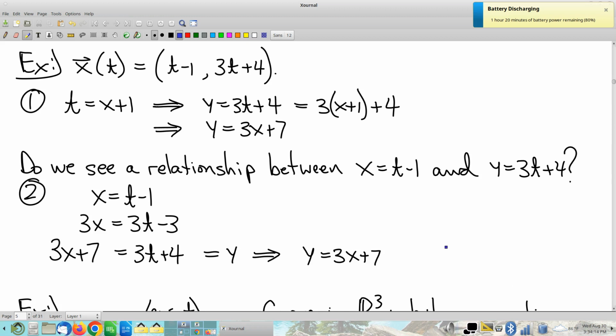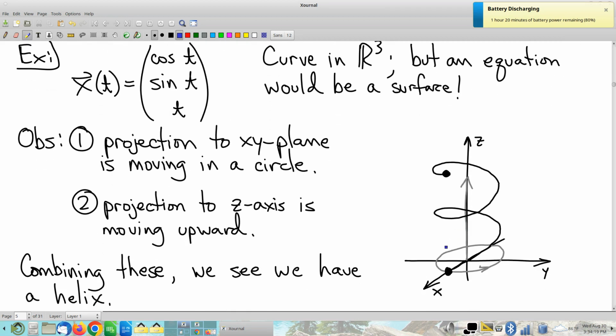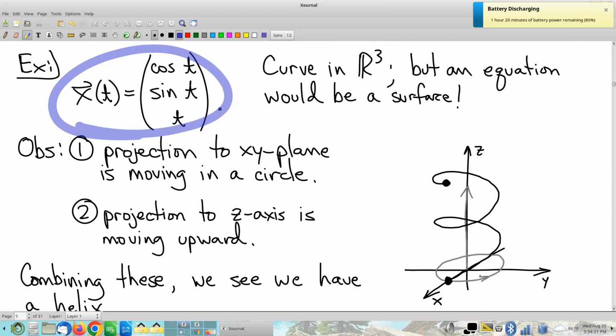All right. Here's another parameterization to understand. Notice this has 3 coordinates, so this is a curve in space, a curve in R3. Well, how would I understand a curve in R3?